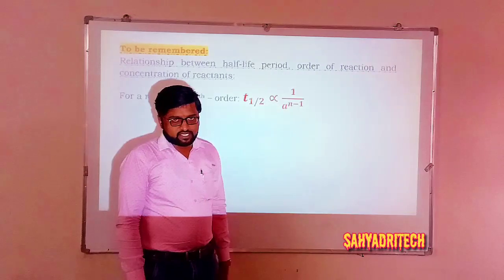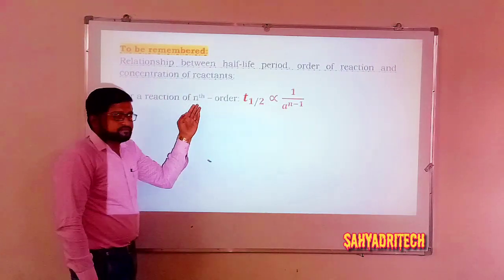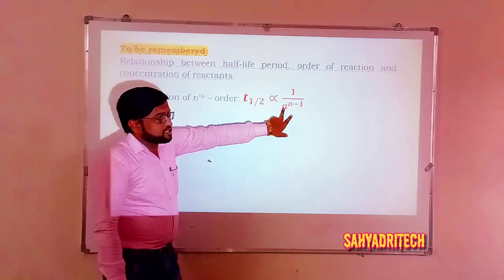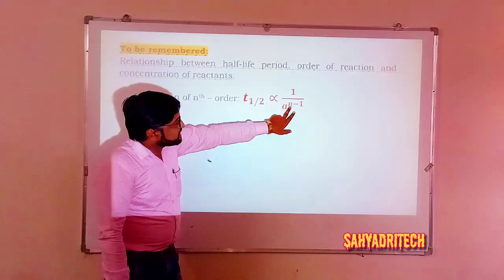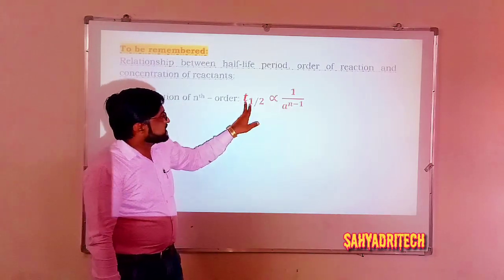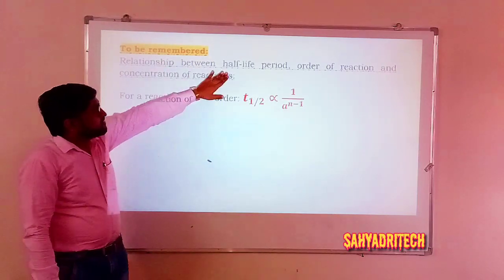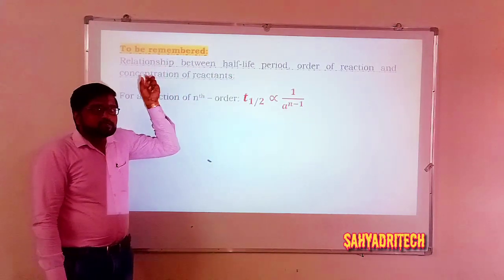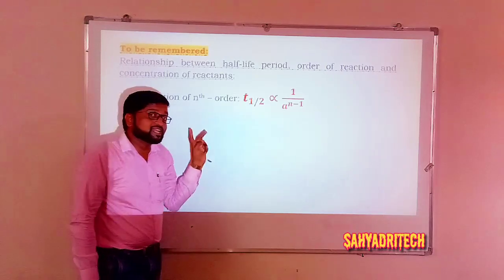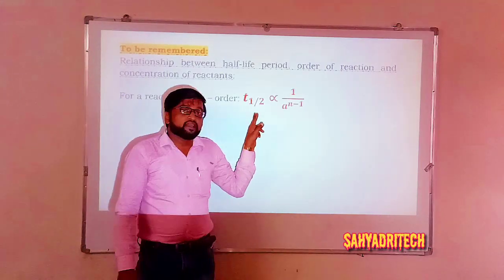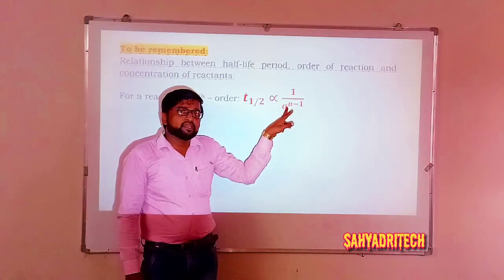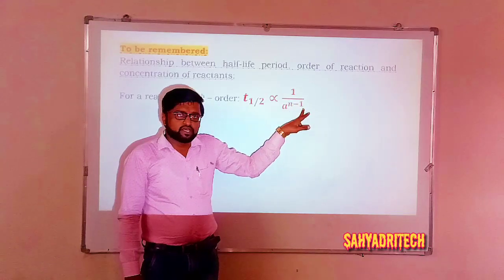That can also be considered. Here A indicates the concentration of reactant species, n indicates the order of a reaction, and T half the half-life period. So we are looking for the relation between half-life period, order of reaction and concentration of reactants. What is the general expression to be remembered here? T half is proportional to 1 by A raised to n minus 1.